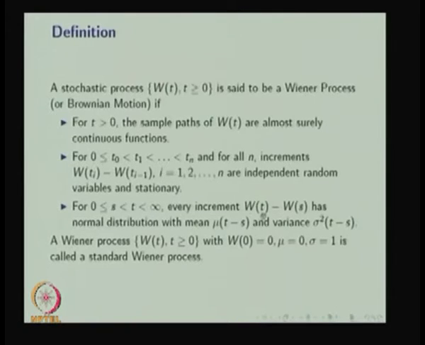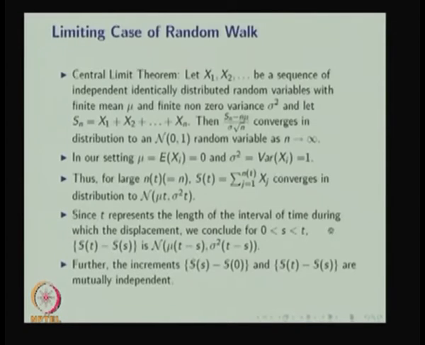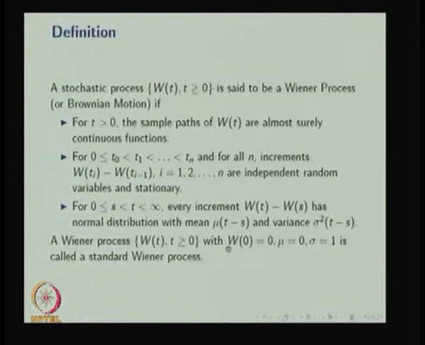And every increment has normal distribution with mean mu times t minus s and variance sigma square times t minus s. This is what we have concluded in the limiting case of normal distribution. The increments are normally distributed with the mean this much and the variance this much. So these are the conditions for a stochastic process to be a Wiener process.